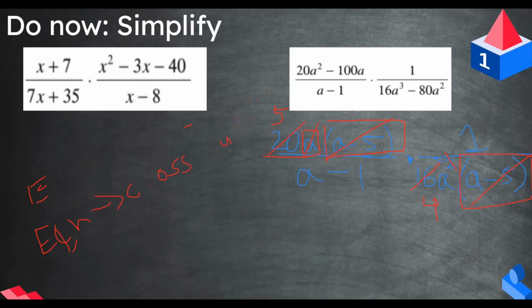Alrighty, so now let's multiply across and see what we have left. Let's multiply the top. What do we have at the top? I see 5 in there. Great, 5, and I see 1. So 5 times 1 gives me 5. And now let's look at the bottom.